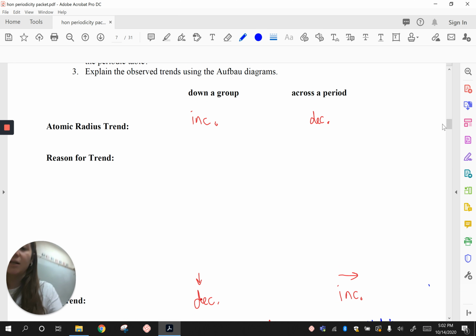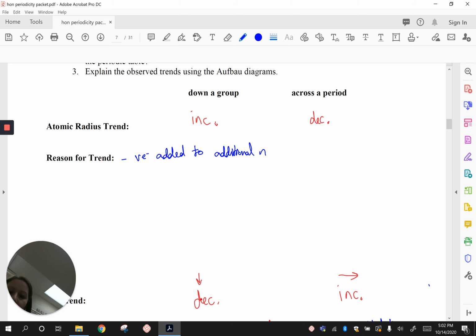Down a group, what's the first thing you think about? Where the electrons are being added. So extra electrons as you go down a group are added to additional energy levels. What does that mean? They're going to shield the electrons from getting to the nucleus. They're going to repel more. The repulsion is winning here.